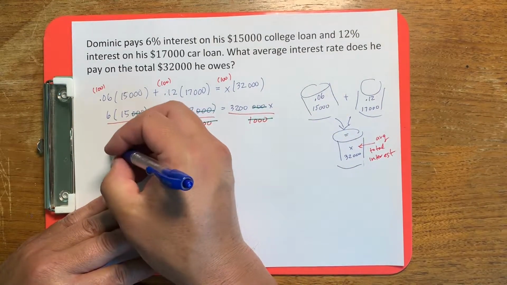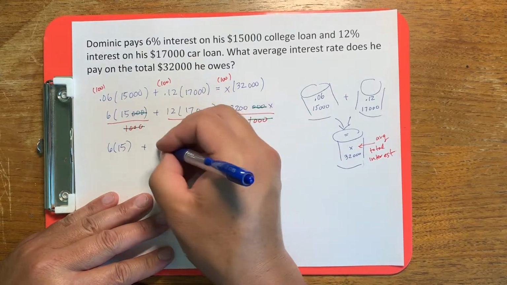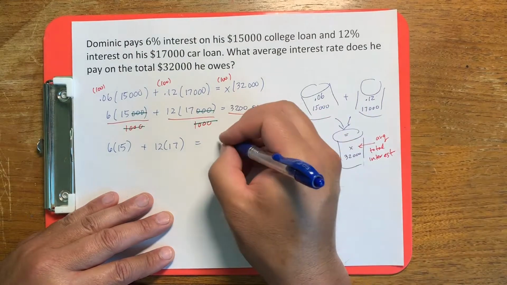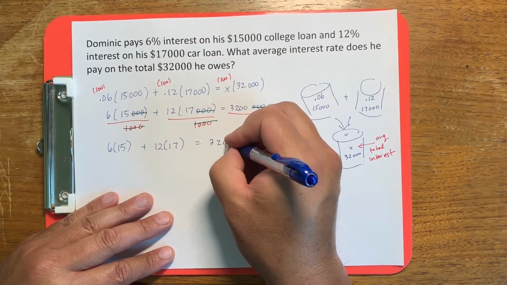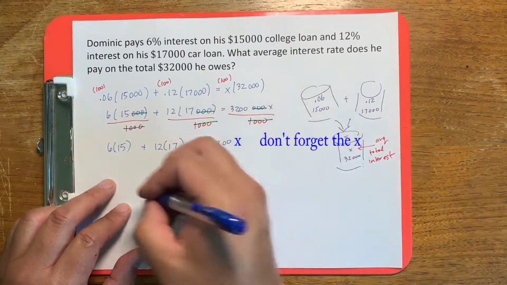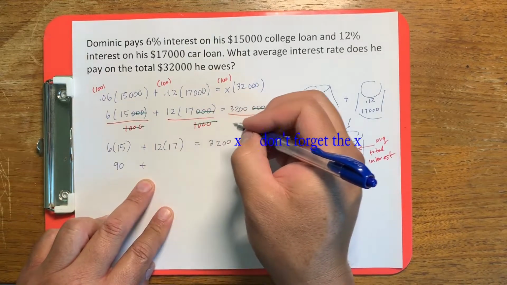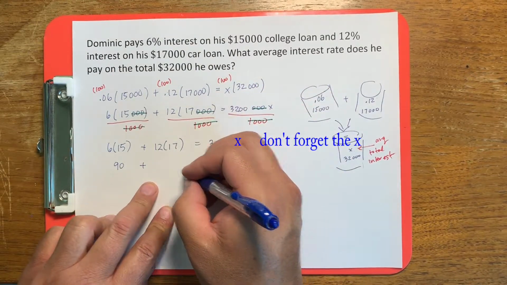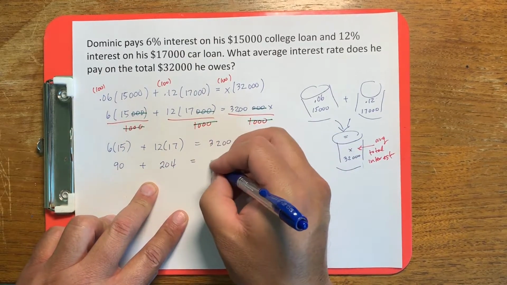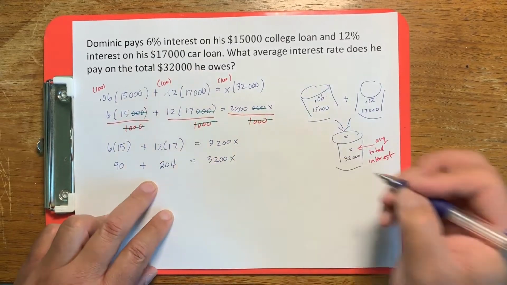Now, what we should have, if we clean this up, is 6 times 15 plus 12 times 17 is equal to 3,200X. Okay. So when I multiply these two, I should get 90. When I multiply these two, I should get 204.